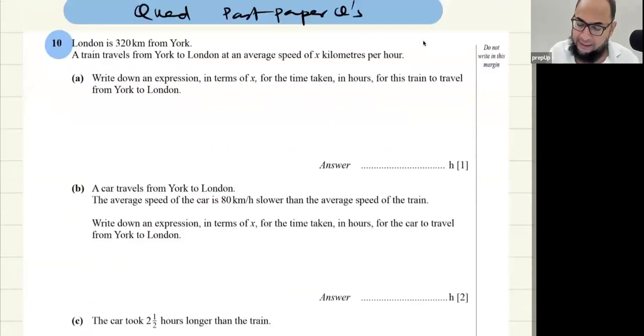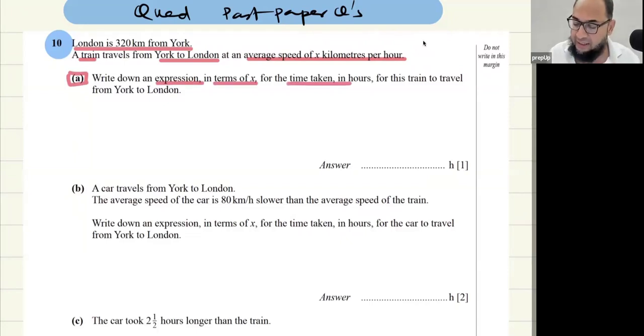Now let me focus on this question. It says that London is 320 kilometers from York. It's not New York, it's simply York. A train travels from York to London at an average speed of x kilometers per hour. First part, write down an expression in terms of x. It's an expression, not an equation.